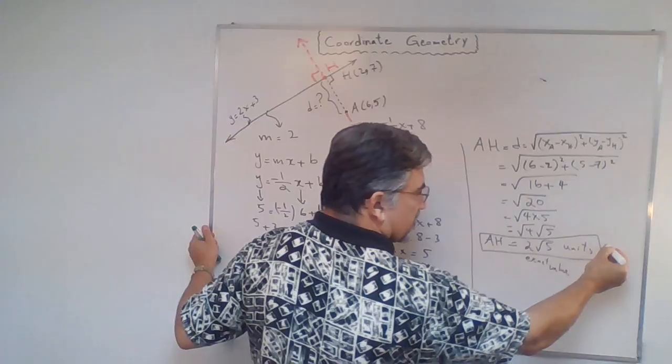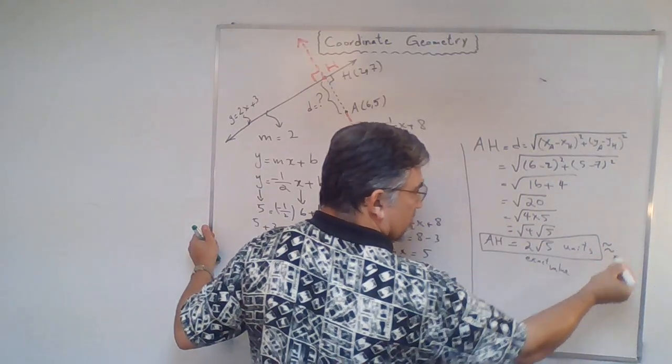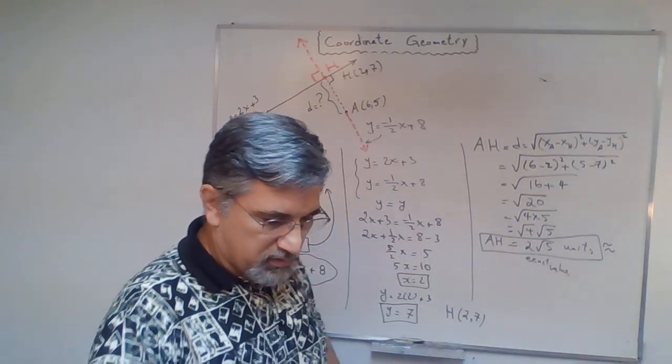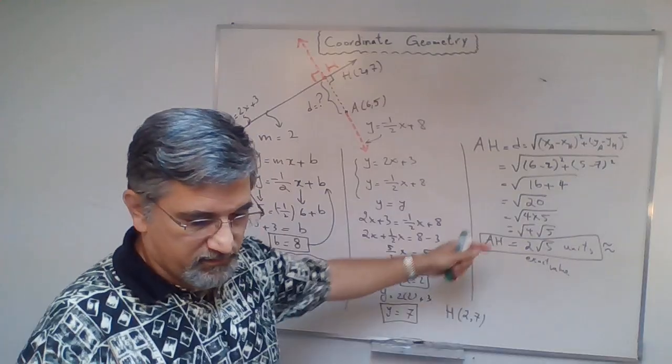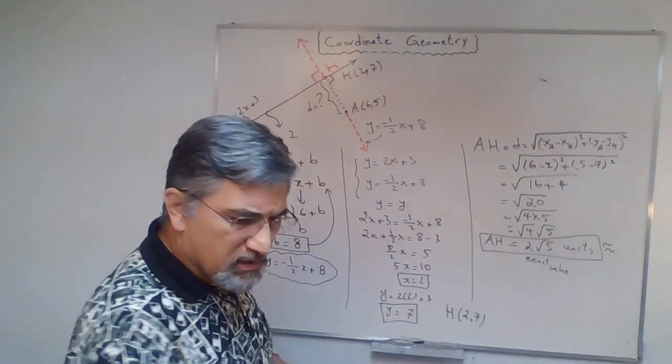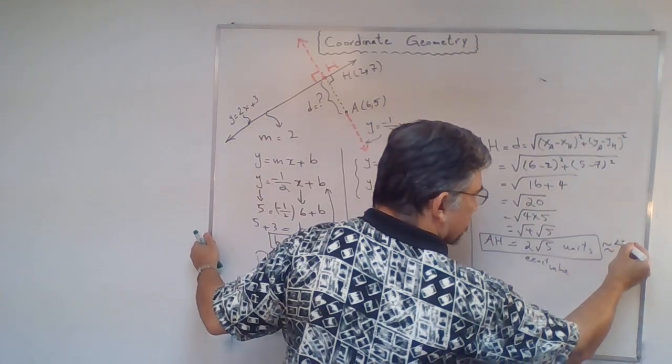Now, if you want to find the approximate answer, correct to one decimal place, you can multiply root 5 by 2 using a calculator. It's going to be about 4.5 units.